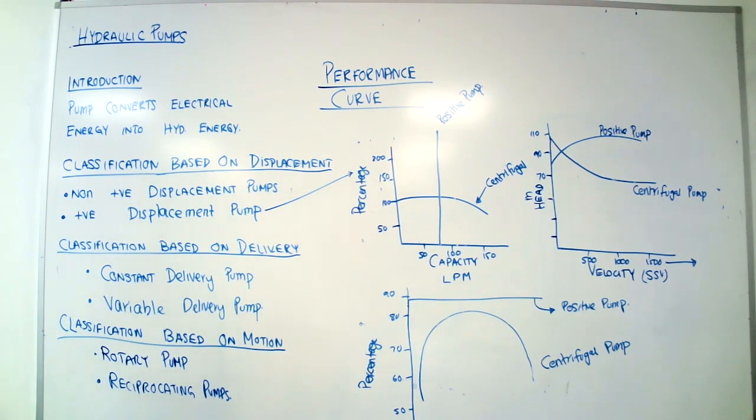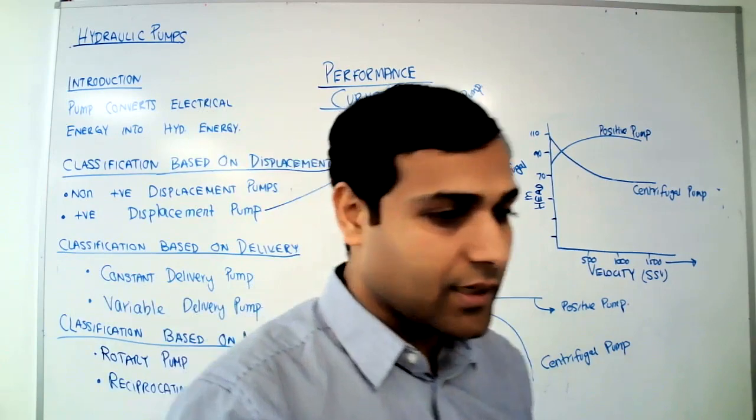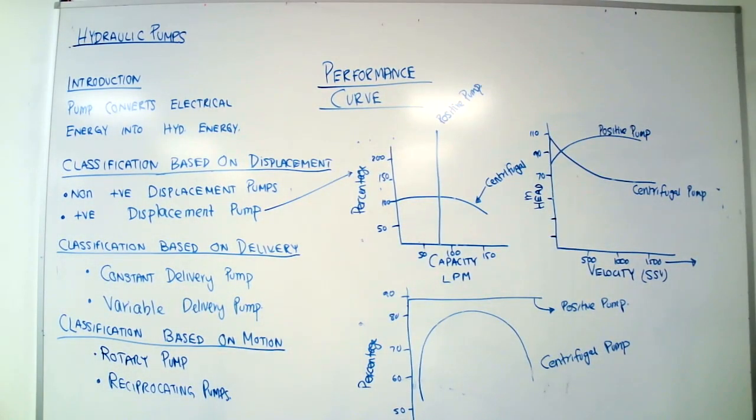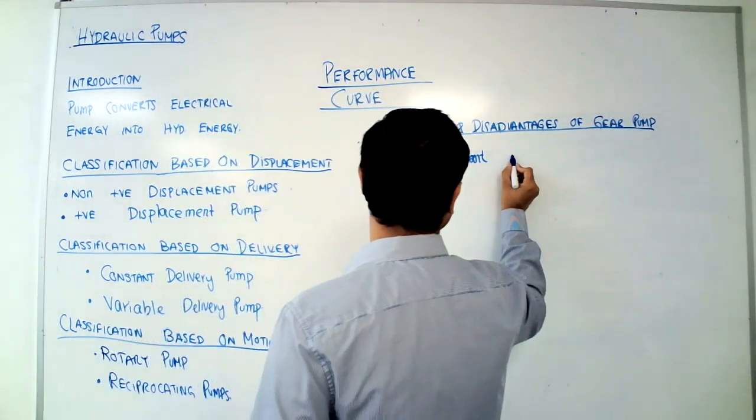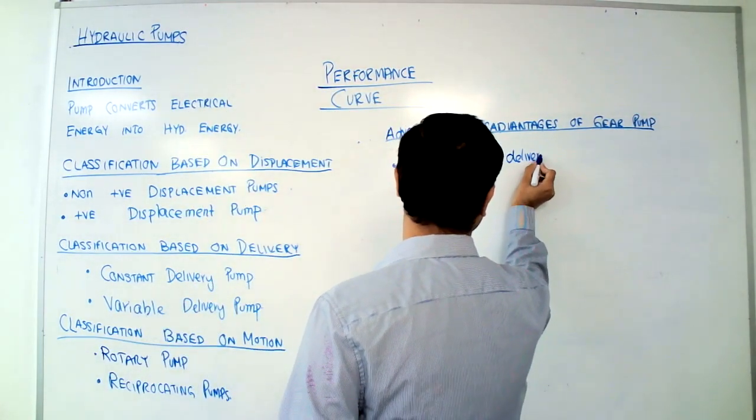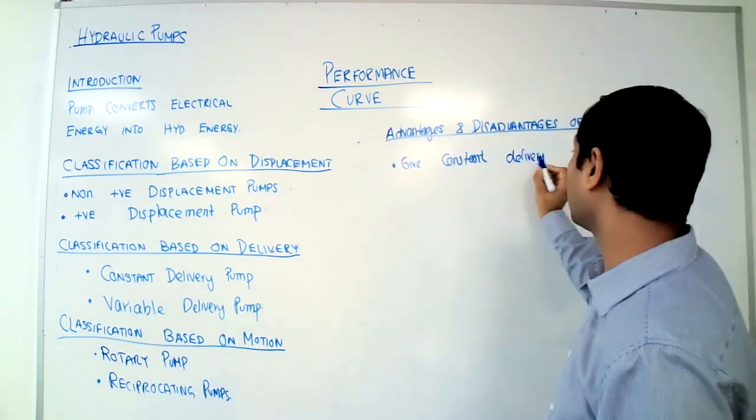Then the gear pumps are classified into two: external gear pumps and internal gear pumps. Now, the external gear pumps, I would put a document online so you can actually have a look. The advantages and disadvantages of the external gear pumps, I'm just going to write it down. They give constant delivery for a given speed.